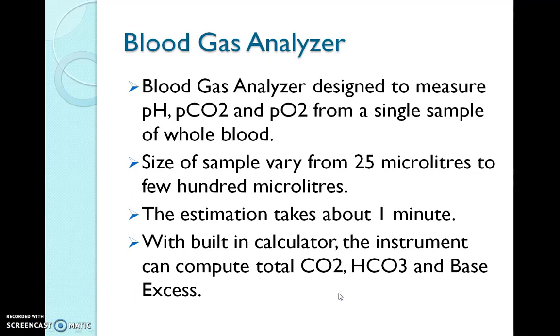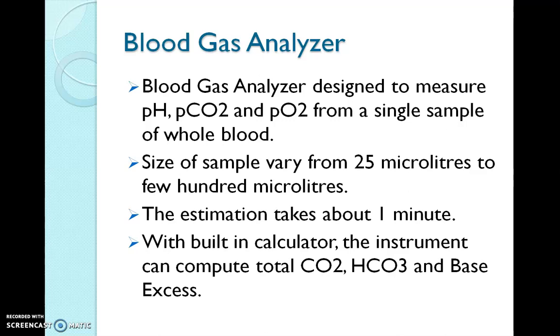Next we discuss a complete blood gas analyzer. As already discussed, it is designed to measure pH, PCO2 and PO2 from a single sample of whole blood taken from the human being. The sample size varies from 25 microliters to a few hundred microliters.